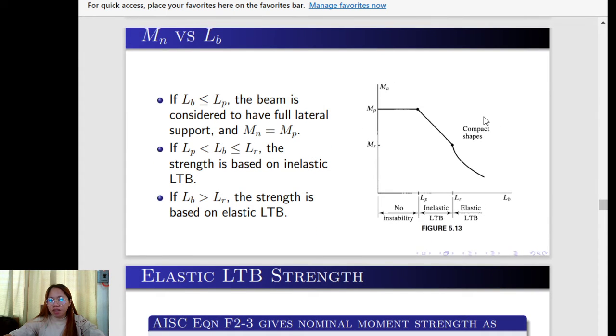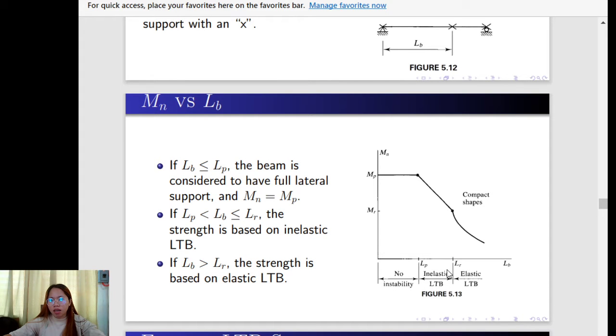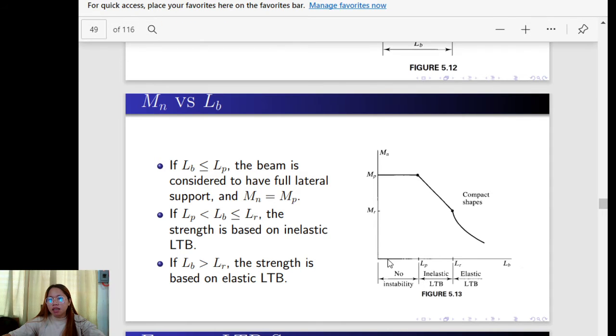The nominal moment versus the LB: we have this graph, Figure 5.13. The x-axis is the unbraced length LB, and the y-axis is the moment.